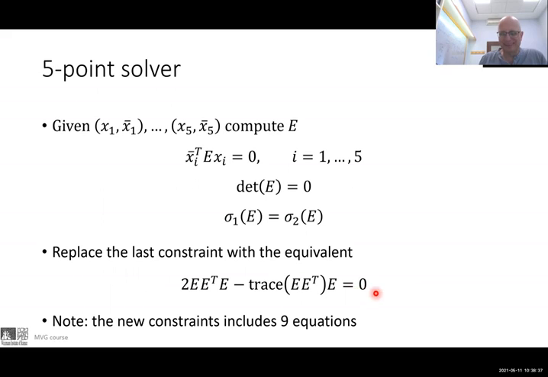Now, this looks quite complicated. How do we get from this to this one? And moreover, this is a scalar constraint, and this is a matrix constraint. So in fact, there are 9 equations in this constraint. Okay, but let's see how we can obtain this.